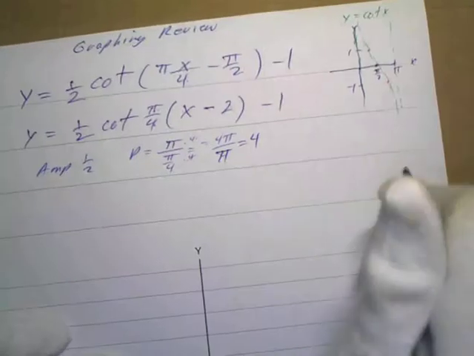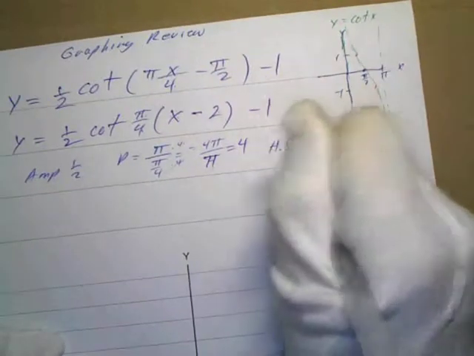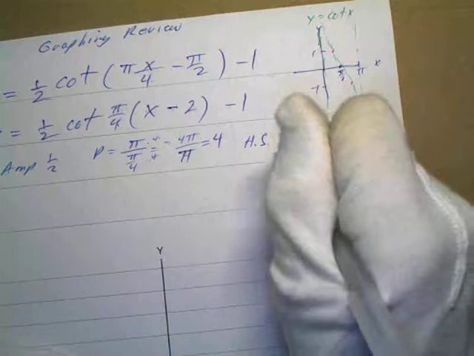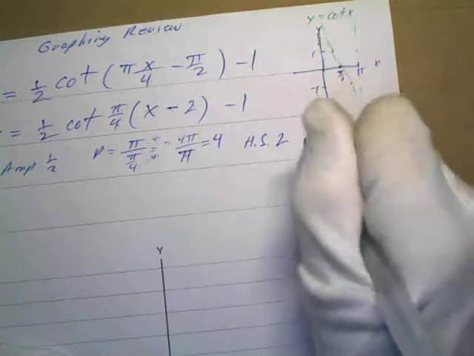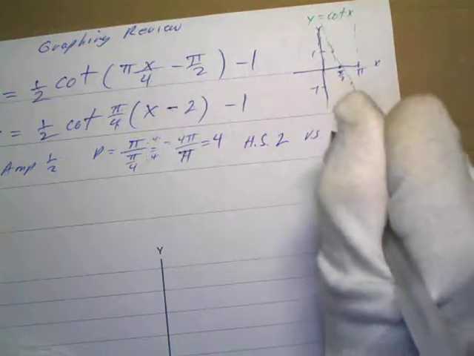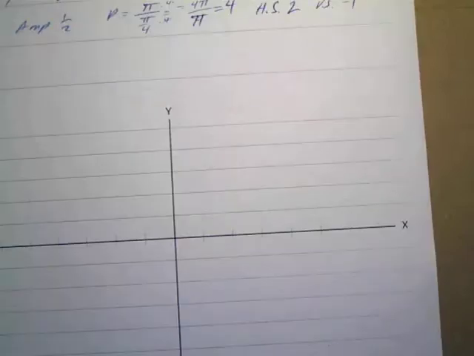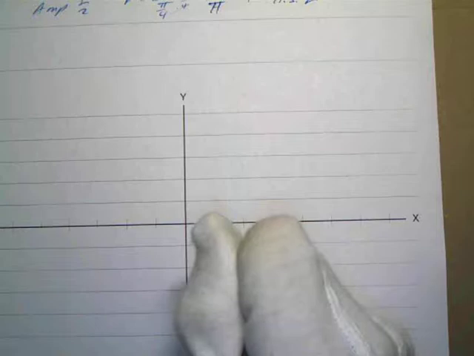So my period's 4. Horizontal shift is going to be 2, and vertical is negative 1. Okay? So since my period's 4, that would work out pretty good.